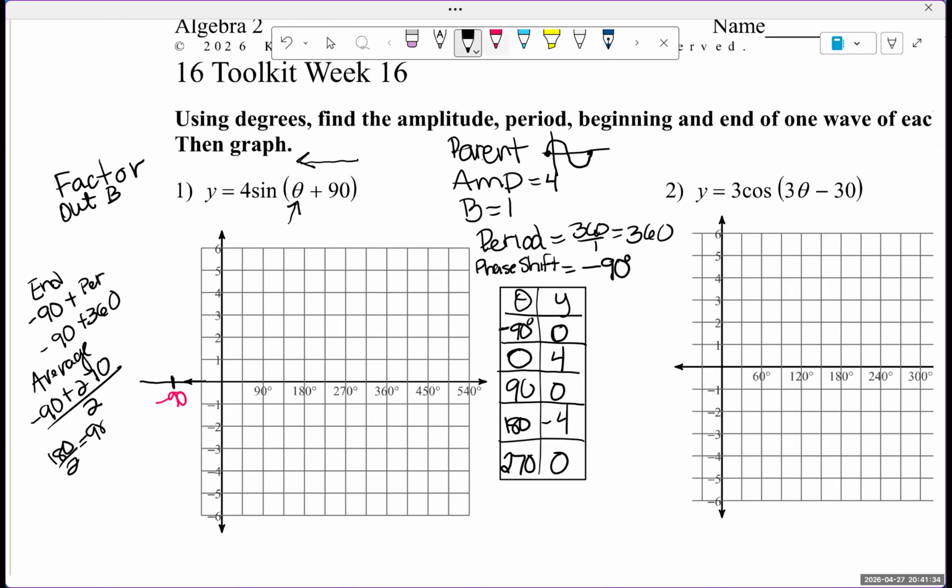Okay, so let's graph our points. So negative 90 is 0, 0 is 4, 90 is 0, 180 is negative 4, and 270 is 0. And that is exactly what one cycle of a sine curve should look like.